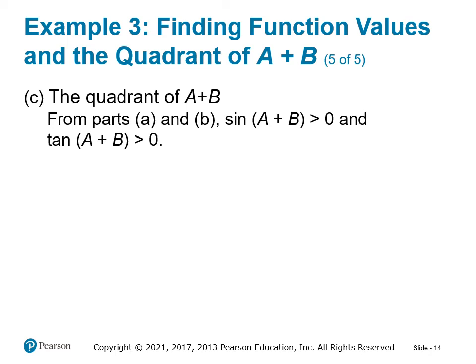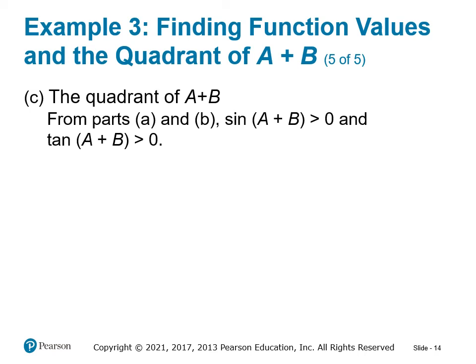From parts A and B, we know that the sine of A plus B is greater than 0. We just saw that in the last slide. And the tangent is also greater than 0. So both the sine and the tangent are positive for the sum of those angles. We know that the sine is positive in quadrants 1 and 2.